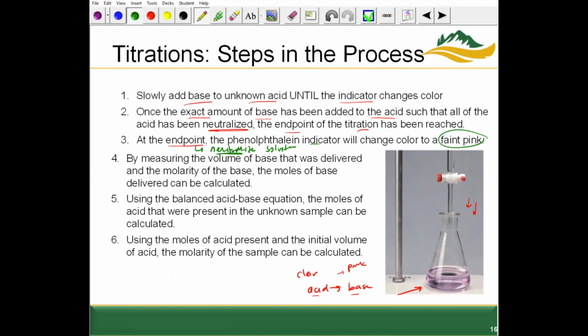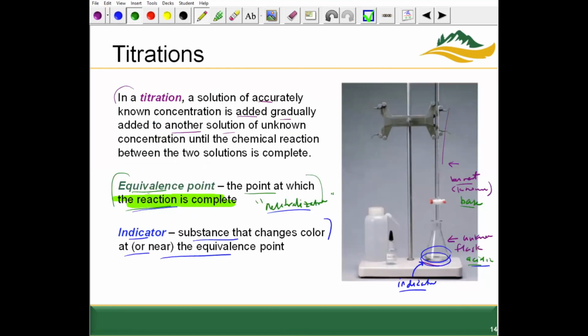Because keep in mind this definition of an endpoint here, where the equivalence point is the point at which the reaction is complete, but then our endpoint is still the point at which the reaction is complete, but now the endpoint is considered with a color change.